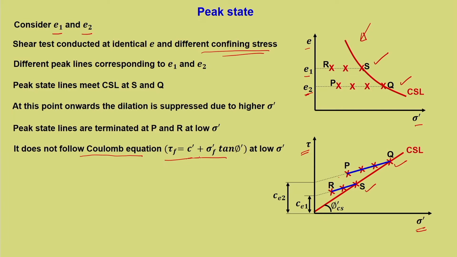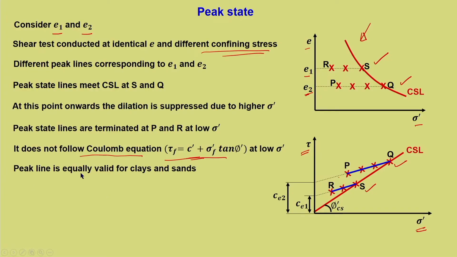So, this particular equation for the time being is more like a mathematical fitting parameter. How sound or how physically relevant are these parameters? Definitely phi dash has got its own physical significance, but whether c dash is always justifiable or not, that is what we will just see now.